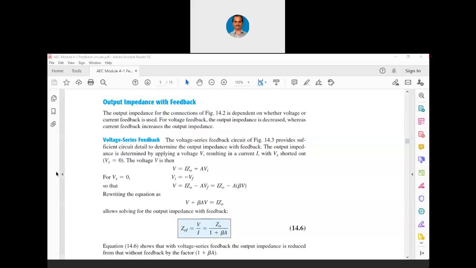There, they always get one equation called 1 plus G into H, where G is the open loop gain and H is the feedback factor. Here we are calling A the amplifier gain and beta the feedback factor, because we are referring this to an amplifier. But whenever you get the terminology 1 plus G into H, then G is the open loop gain of the system as such.